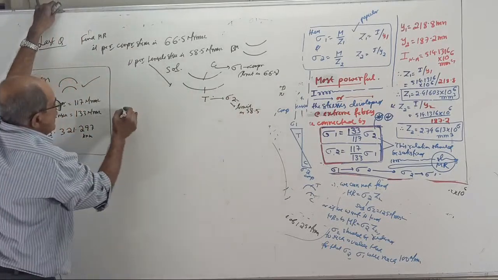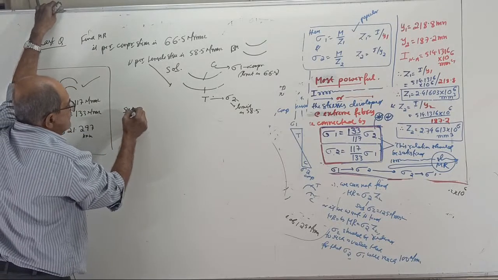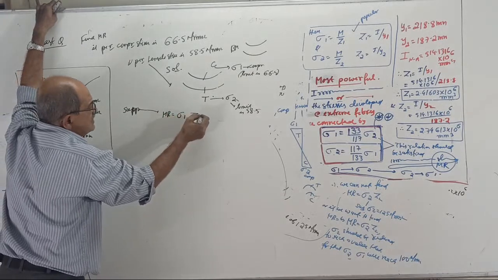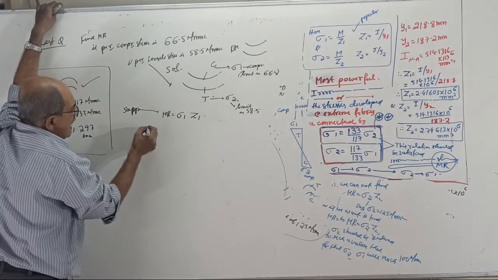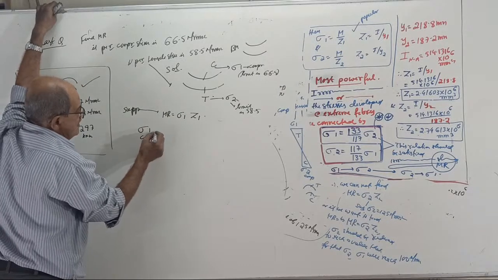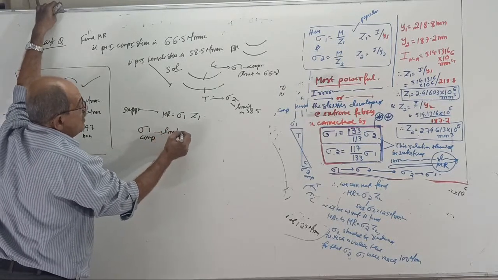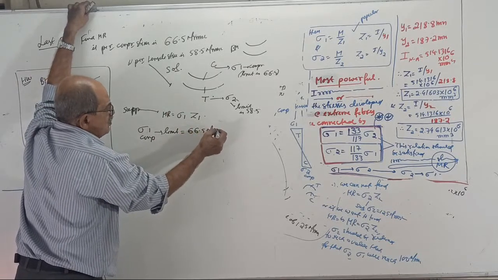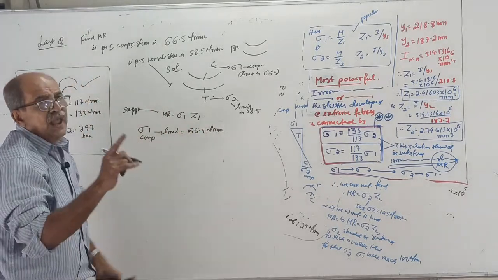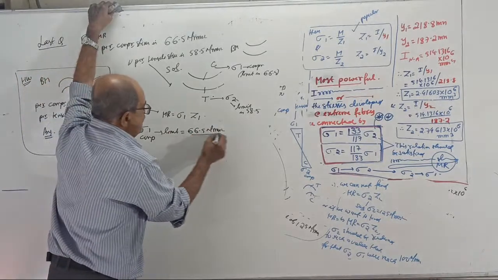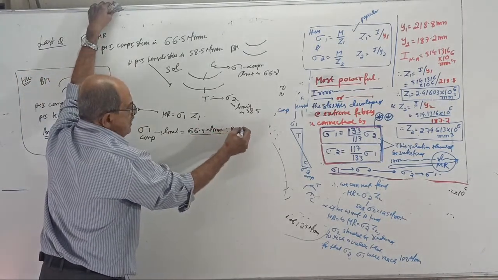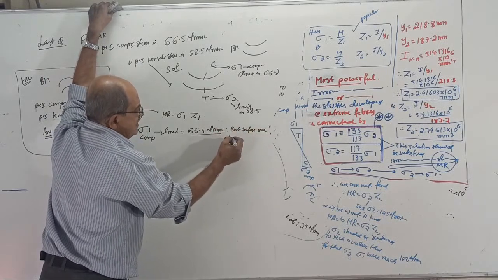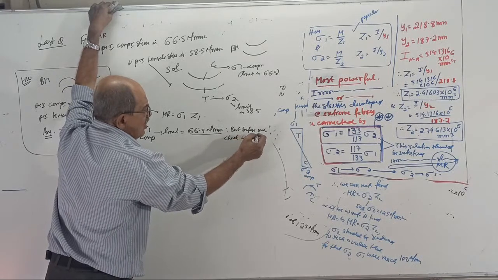Start. Suppose you find MR by sigma 1 into Z1, then sigma 1, which is compression, limit is 66.5 Newton per mm square. But we cannot blindly substitute the limit. Before substituting or using, check whether safe in tension or not.